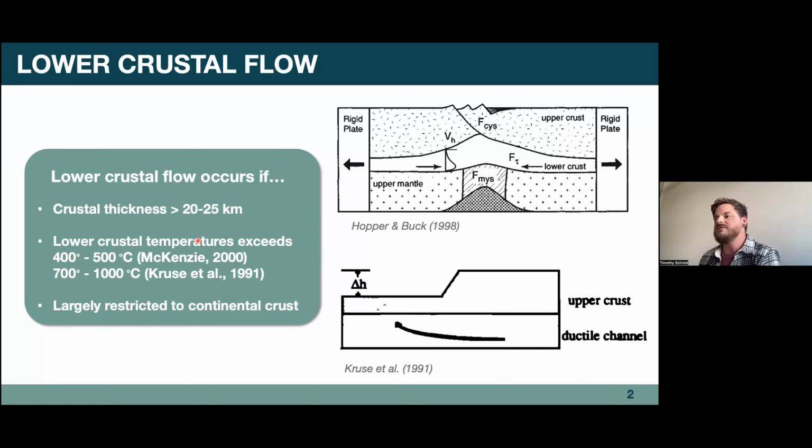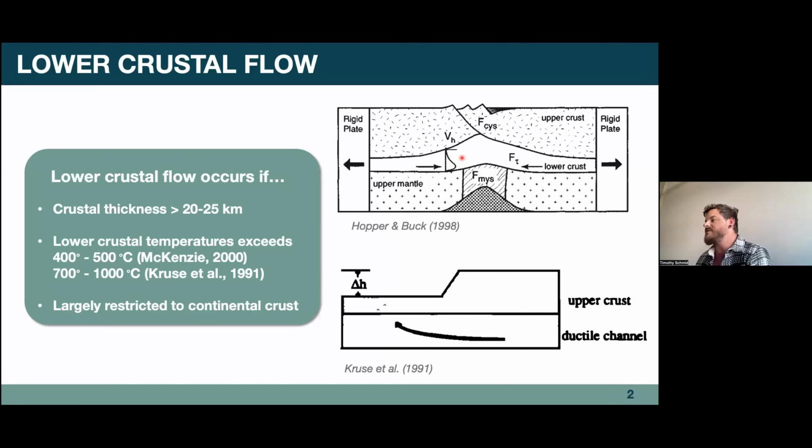Especially the first point leads to the fact that lower crustal flow is largely restricted to the continental crust. If you look at the top sketch from Hopper and Buck, you see that indeed this lower crustal flow occurs horizontally, and it flows towards areas of maximum thinning within the upper crust.